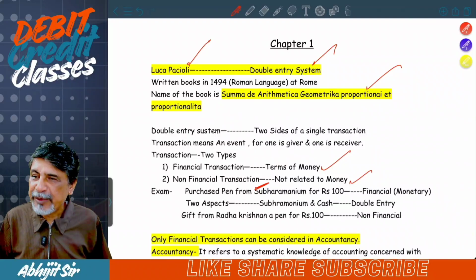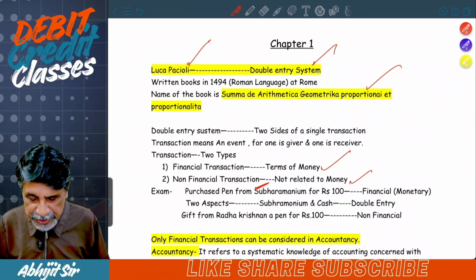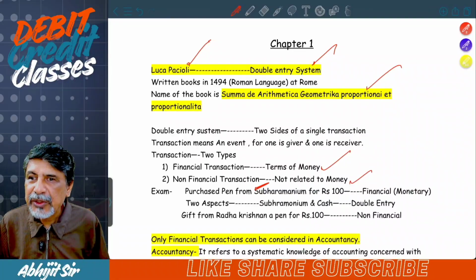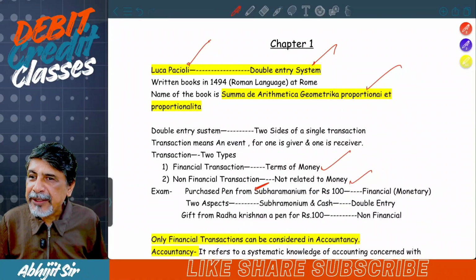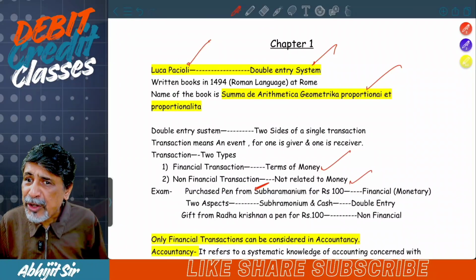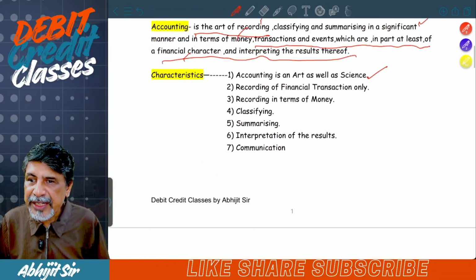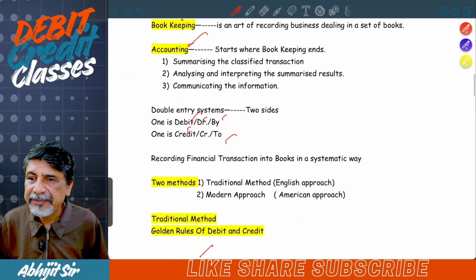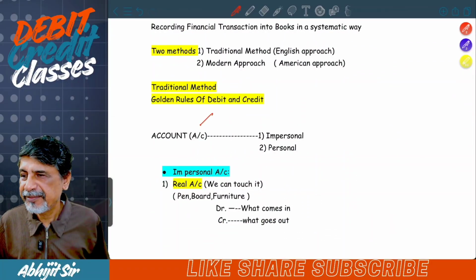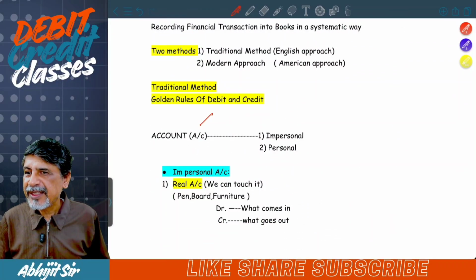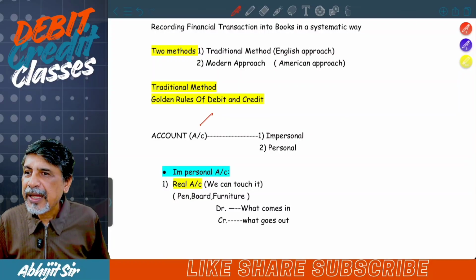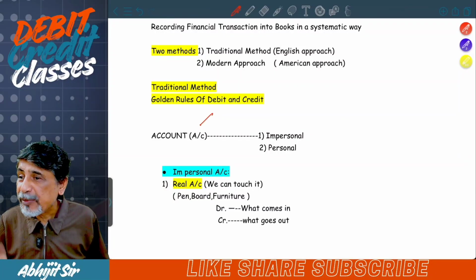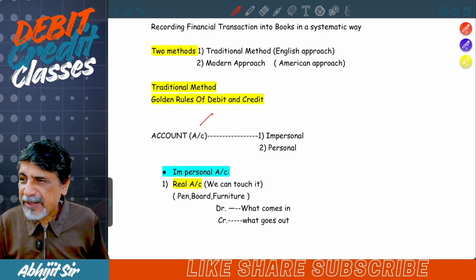It is a financial monetary transaction, so it should be recorded in books. So pen, we can touch it, it's a real account. What is the rule of real account? Debit what comes in. That means pen will be debited. The next aspect is Subramaniam. Subramaniam is a person.